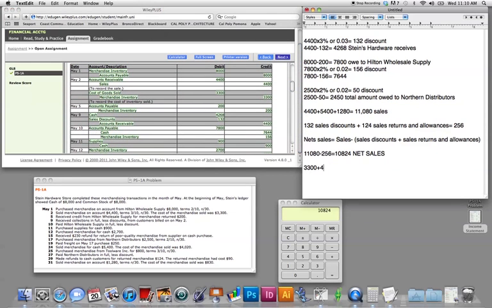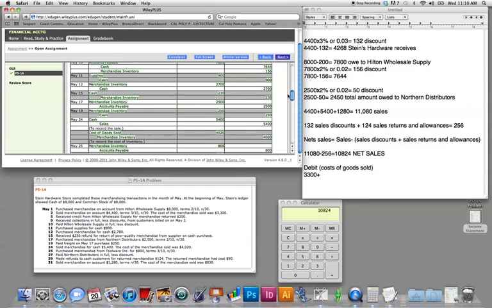So let's do a different one here. We'll do debit, and that is cost of goods sold. And our debit amount was $3,300 plus another debit amount of cost of goods sold, $4,020.